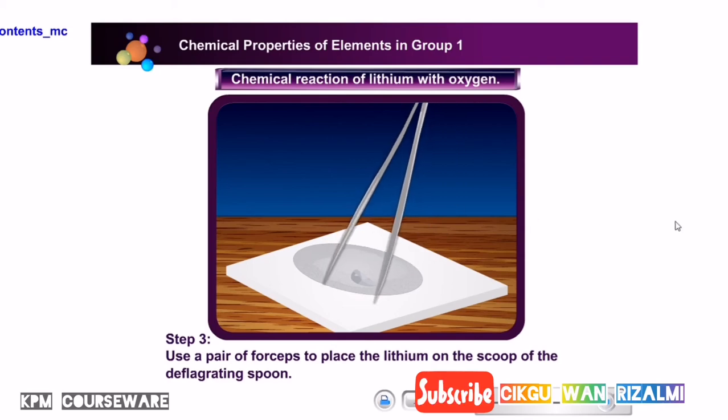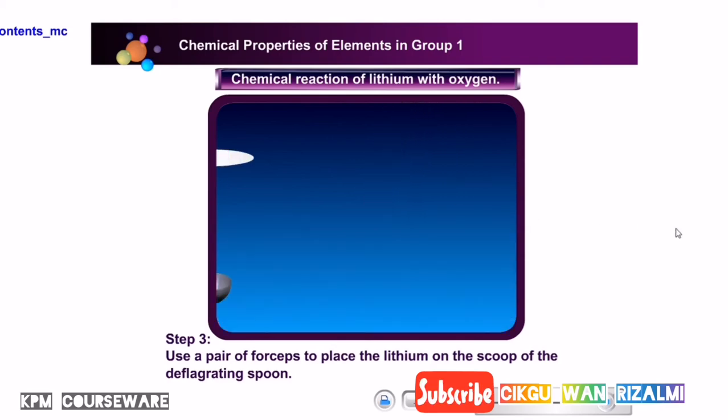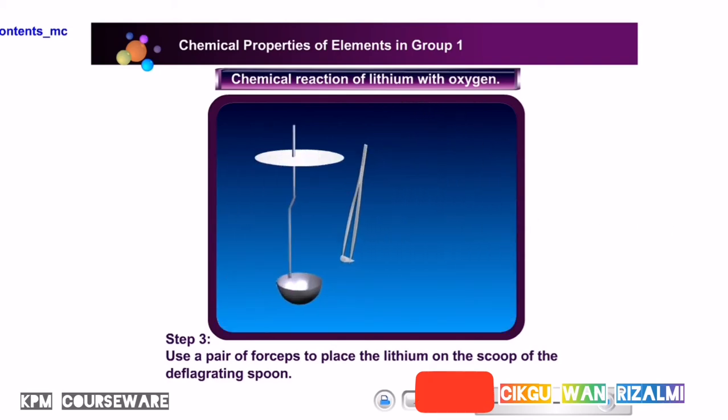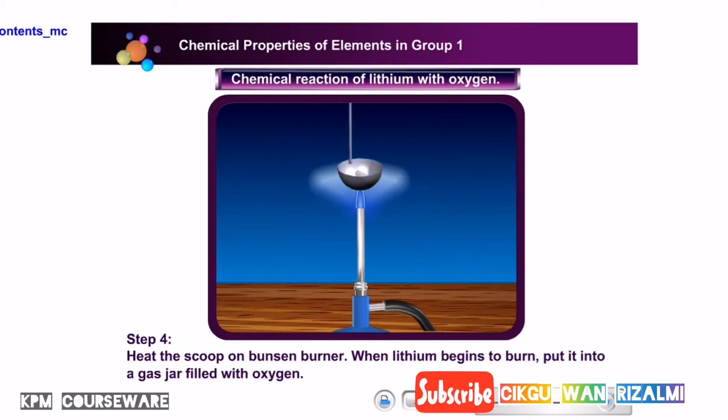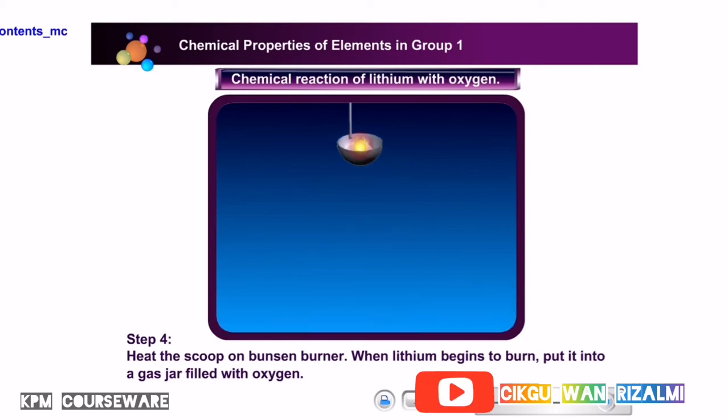Use a pair of forceps to place the lithium on the scoop of the deflagrating spoon. Then heat the scoop on a Bunsen burner. When lithium begins to burn, plug it into a gas jar filled with oxygen.